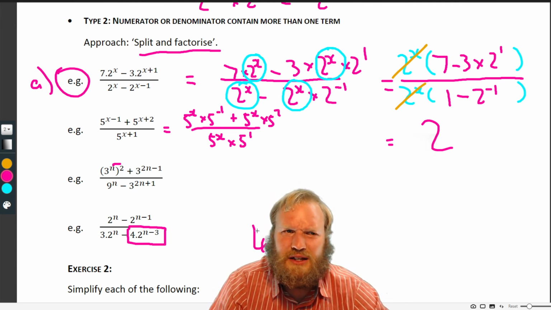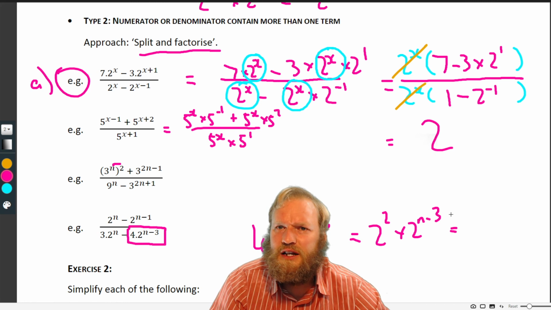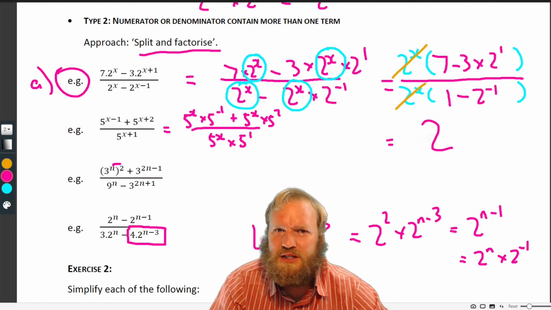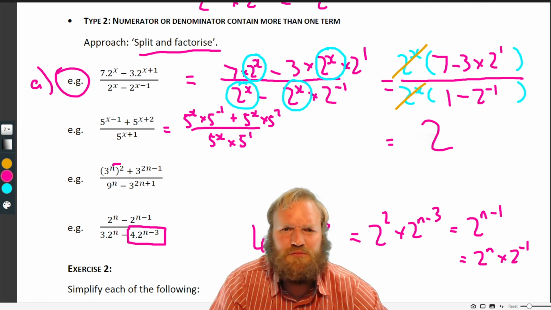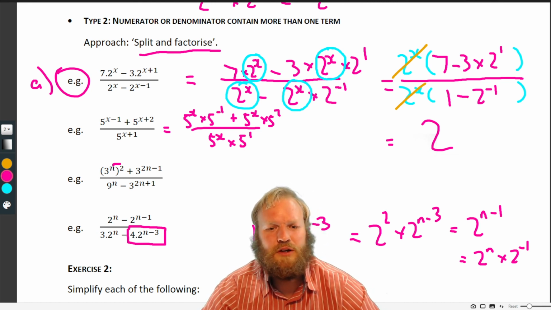Yeah, I'd say that this 4 we could write as 2 squared times 2 to the n minus 3. So at least we could have 2 to the n minus 1, which we could then split to that. That looks a little bit simpler than this. It will probably all come out in the wash. So there we go.